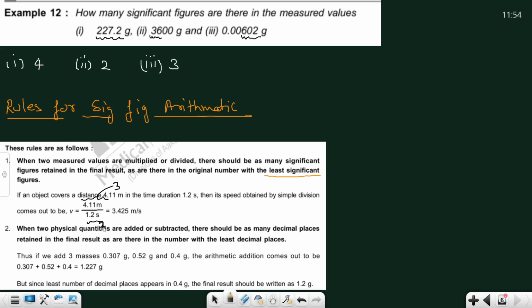So you will take only the least number of significant figures in the final answer, that is 2. The answer is 3.425, but we will take only 2 significant figures because 1.2 has the least, so the final answer is 3.4 only. Done. Clear?